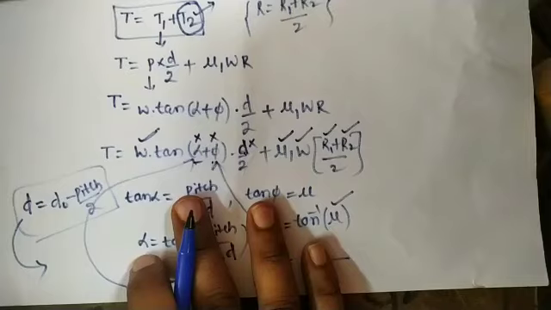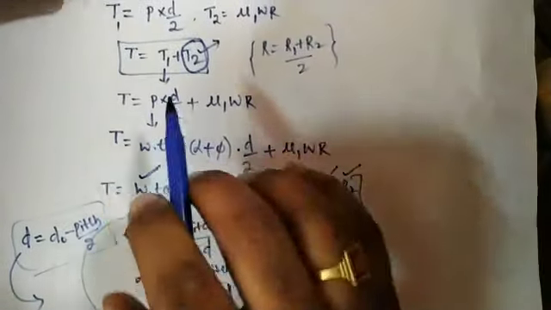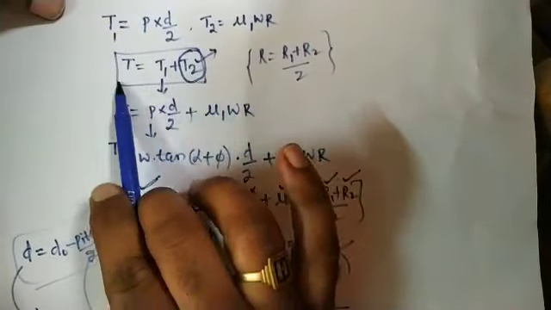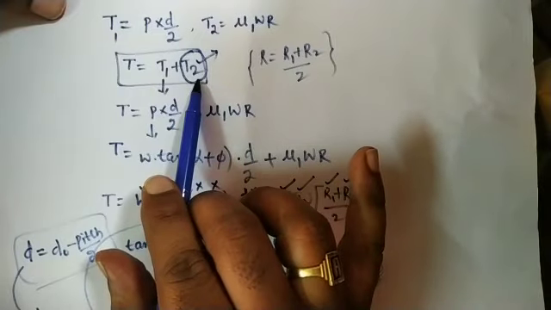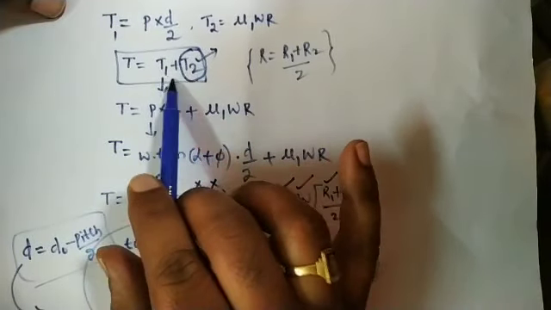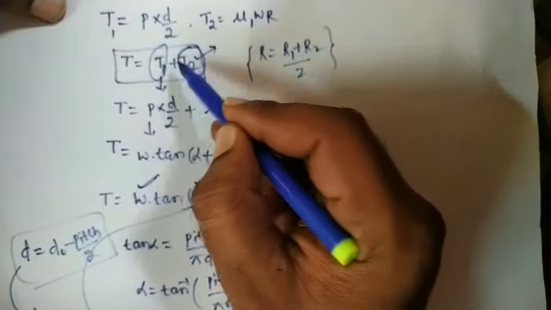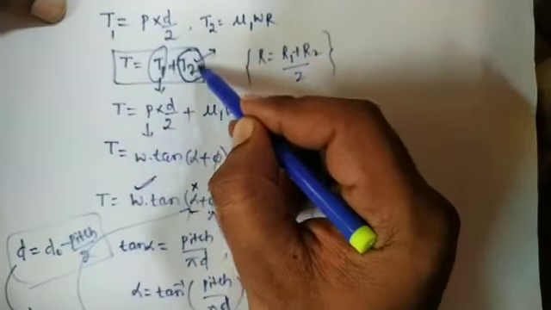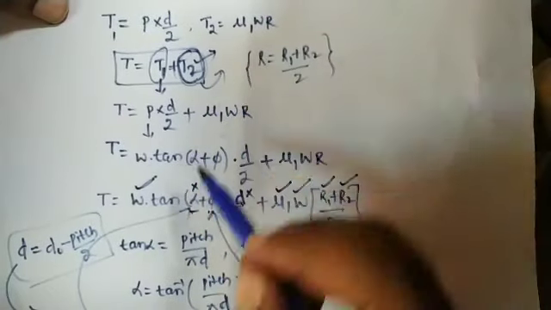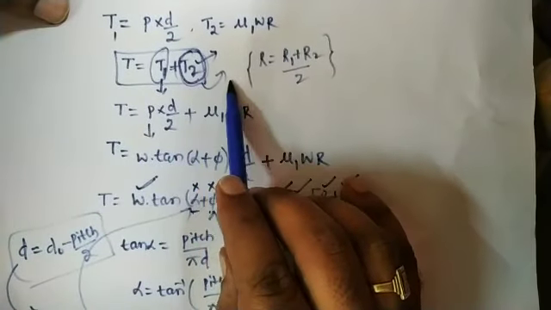Now, the calculation of torque. The final formula is T equal to T1 plus T2. Why are we taking T1 plus T2? T1 is the torque required for the screws. Then T2 is related to collars.